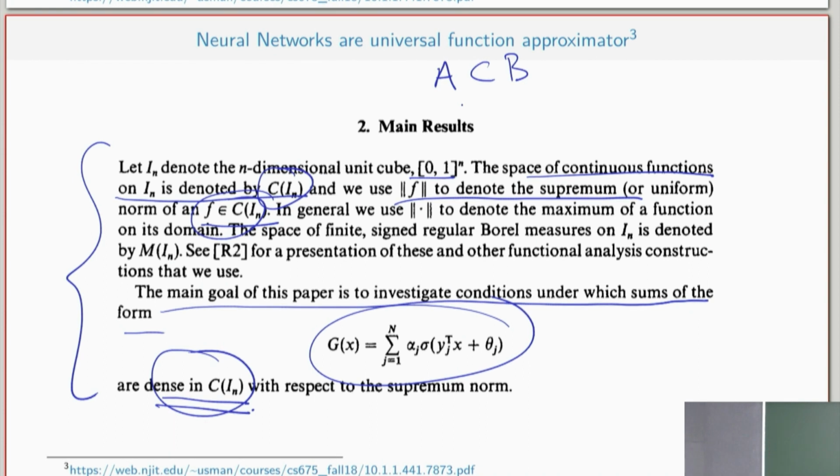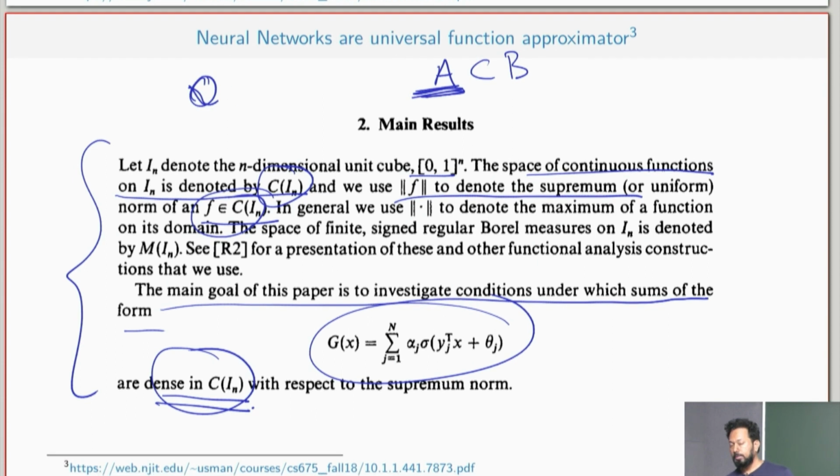Closure of a set means that I'm adding the limit points. If there were some limit points of A that were not in A, I will put them in. If I keep doing that, all the limit points of A that were not in A, I will put them in, and then I have closed it. So rational numbers, you can do that, right? Is it true that all irrational numbers are limit points of rationals?